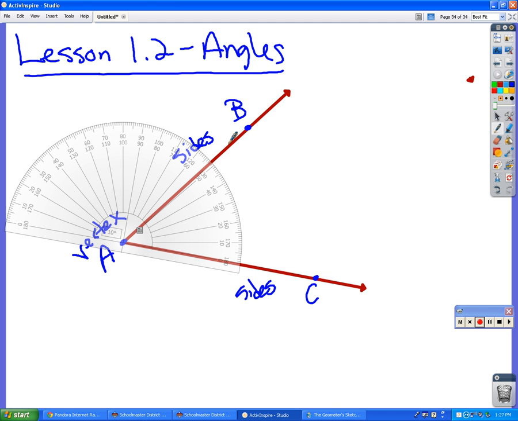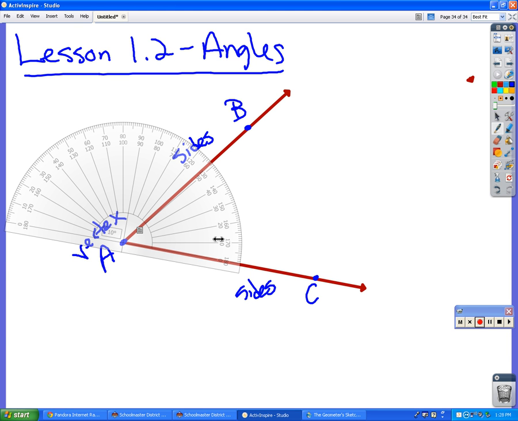Because it's less than 90 degrees, it's an acute angle, so I'm going to use the smaller of the two numbers. The other way to decide is that I lined this up with 0. The 0 is on the inside of all of these numbers, so my answer is going to be on the inside of all these numbers as well. Either way, how many degrees does it appear that this angle is? My angle is about 52 degrees.